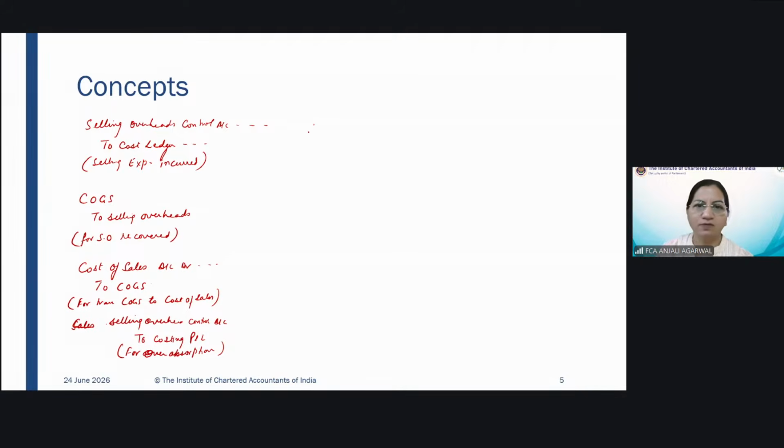Finally, this cost of sales moves to costing P&L account. So costing P&L account will be debited with the entire cost. Sales will be recorded. When sales is recorded, cost ledger control account will be debited.